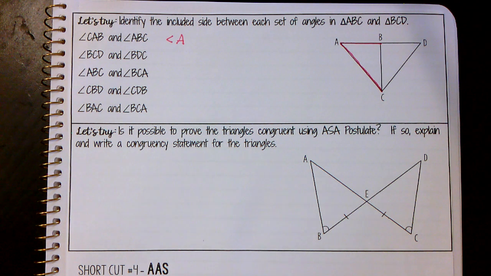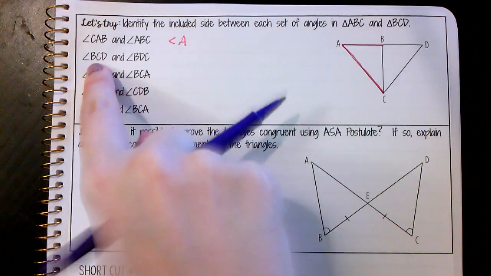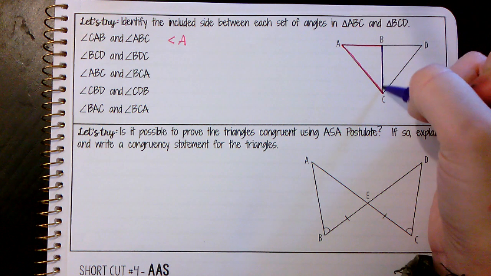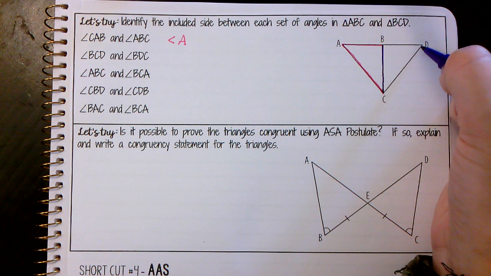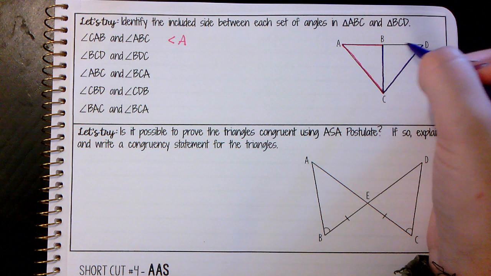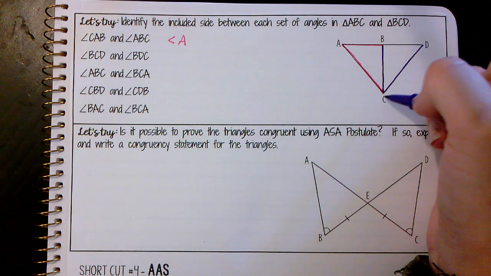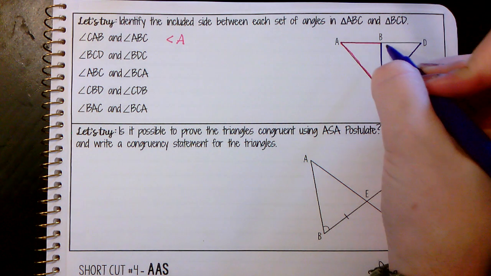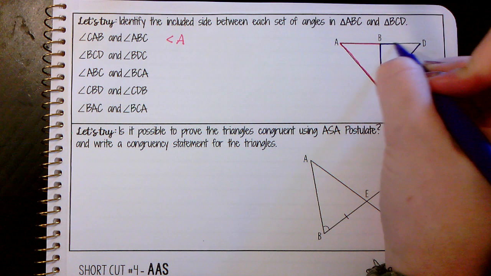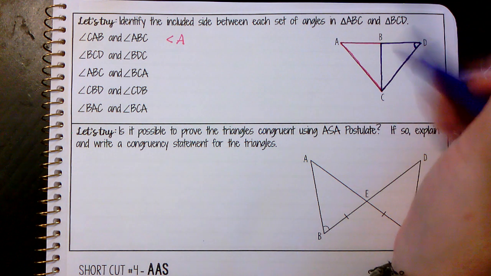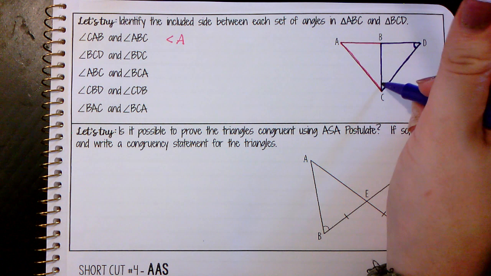BCD and BDC. So you have to go in the order that you see, or it's going to give you the wrong angle. BCD and BDC. And then BDC would be this angle. So the first one was BCD, which was this angle.